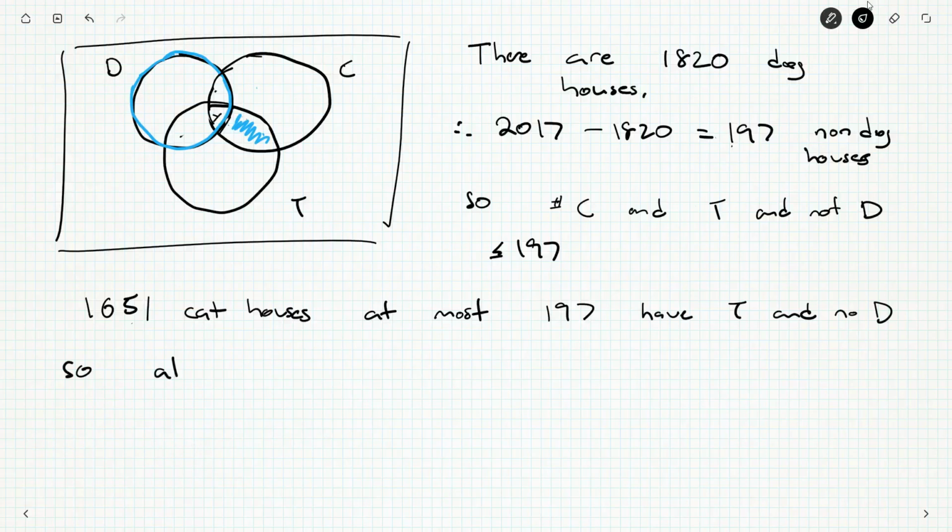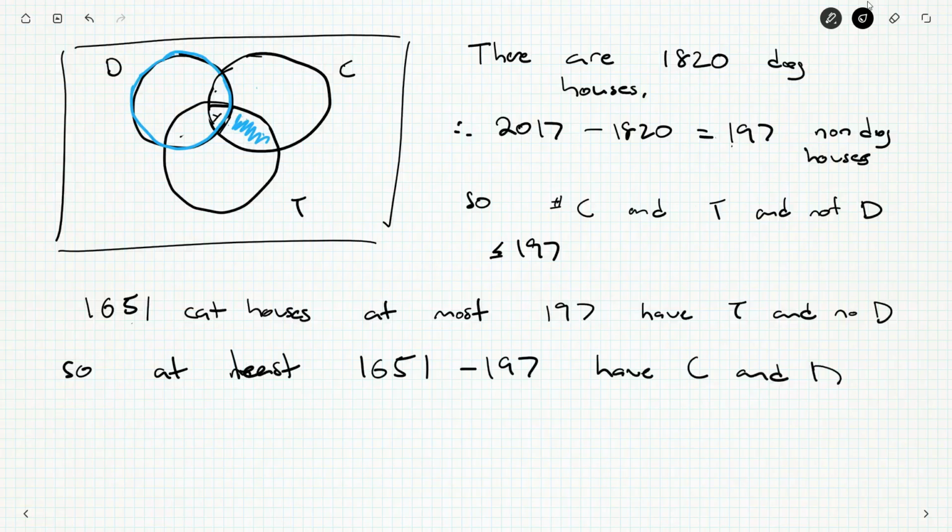So, at least, or I don't know why I keep saying 100, 1,651 minus 197 have cat and dog. Yeah, I'm going to ignore this. I'm going to say, so the number of cat and no dog is at most 197.